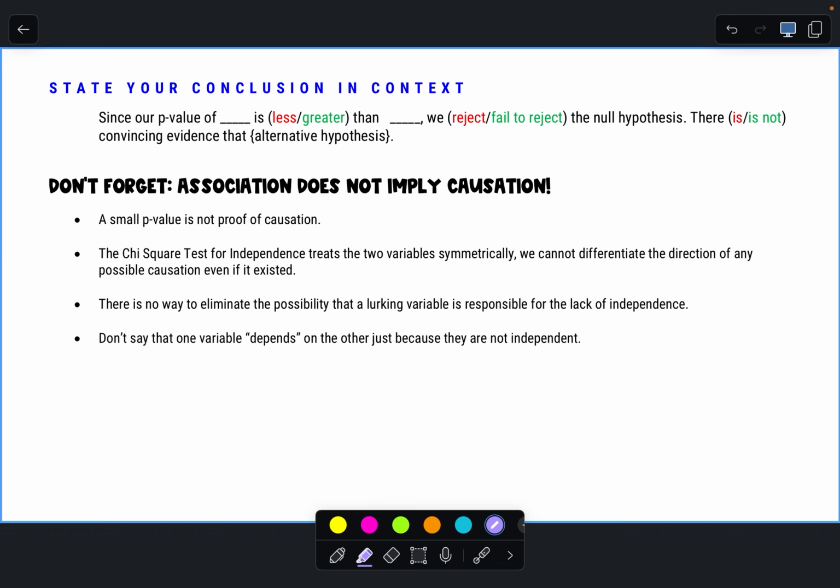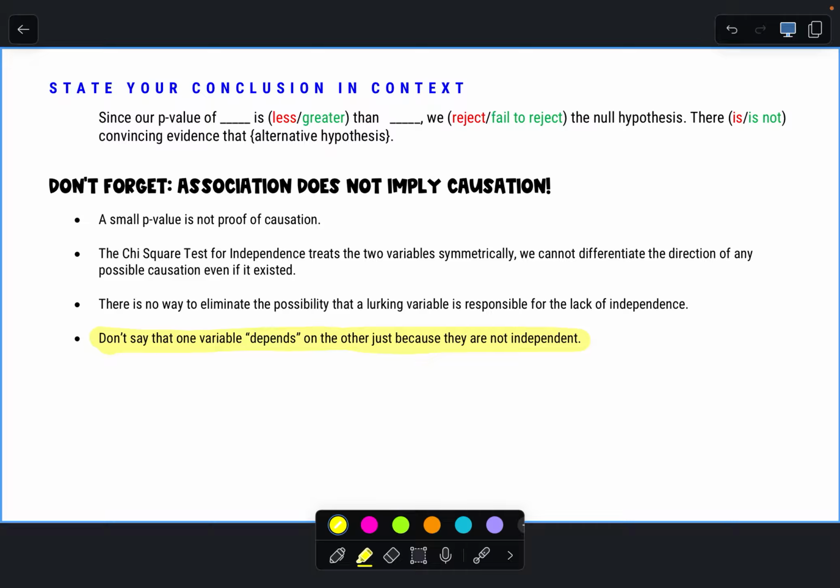And you cannot really figure that out just from an observational study. So one of the things that a lot of people want to do that you cannot do is you cannot say that one depends on the other. I know we have they are independent and not independent.